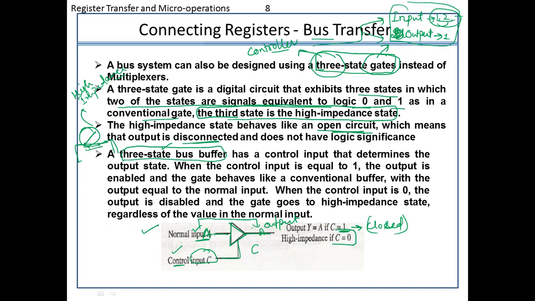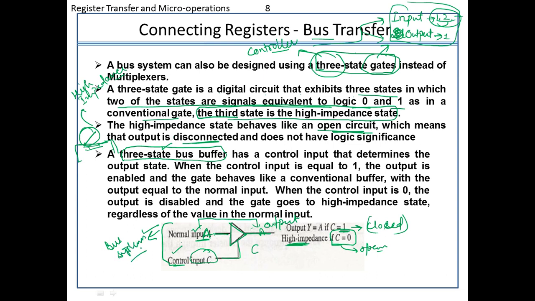Otherwise, if the value of C is 0, it is in a high impedance state, or it could be an open kind of circuit. So this is the point. We will now learn how working with this three-state buffer can help me in the design of a bus system.